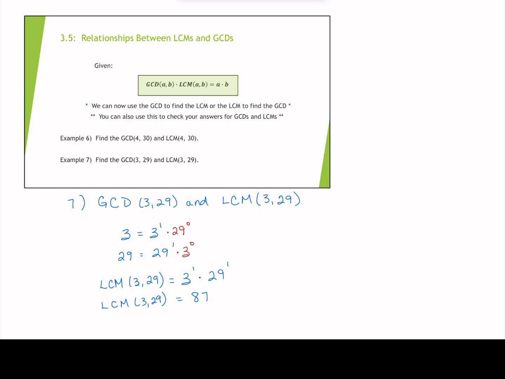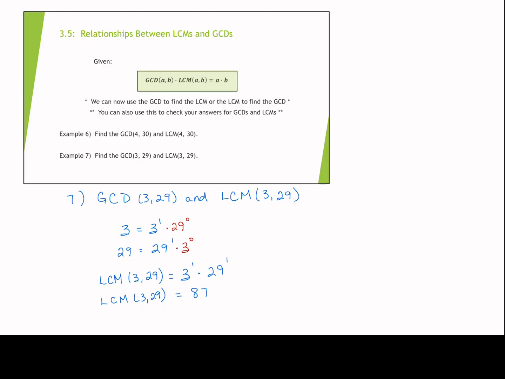Now that we know the LCM, we can use the formula to find the greatest common divisor. We're going to say the GCD of 3 and 29 multiplied by the LCM of 3 and 29 is the same as the product of 3 and 29.